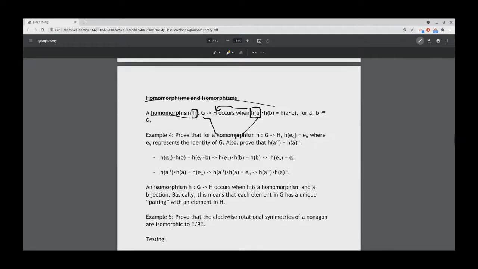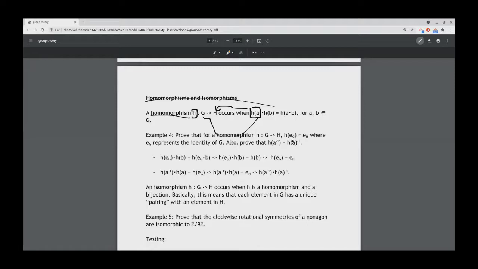Prove that for a homomorphism from G to H, H of EG is equal to E of H, where EG represents the identity of G. Also prove that H of A to the minus 1 is equal to H of A, to the minus 1, or the inverse.